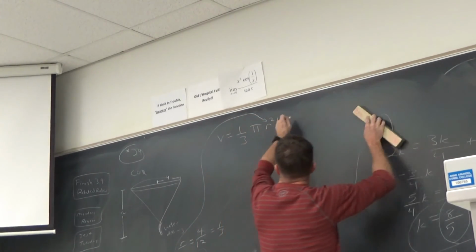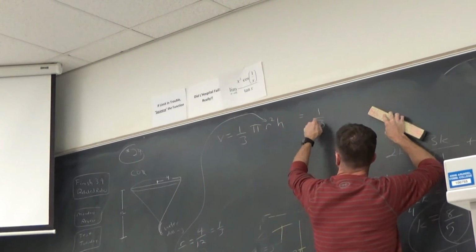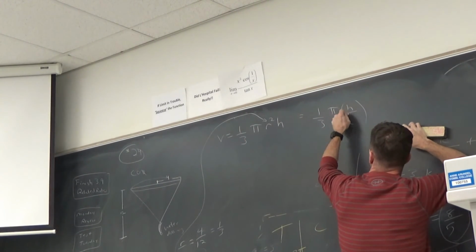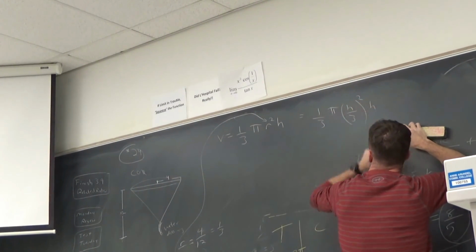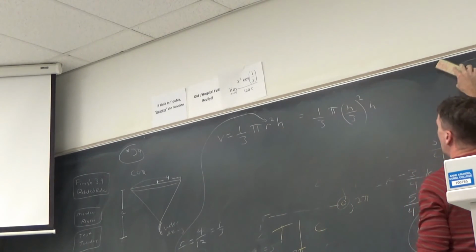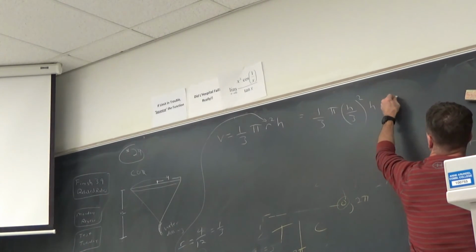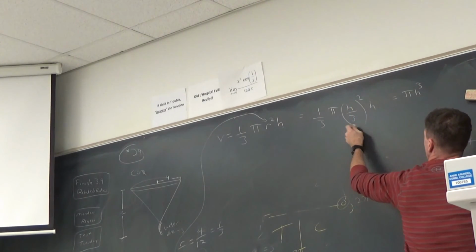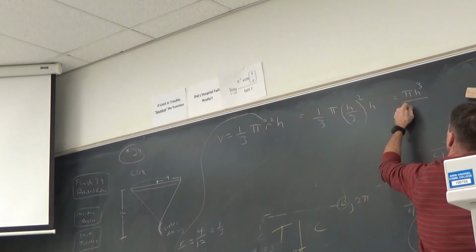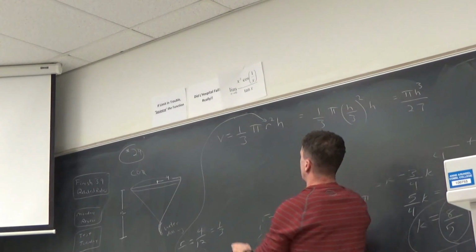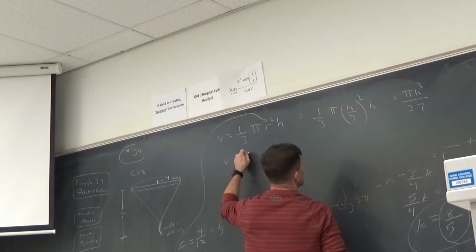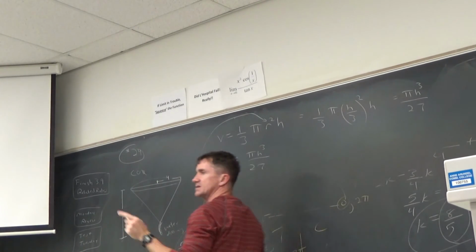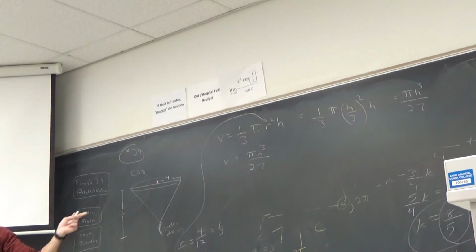Alright, what do you get? 1/3 pi, h over 3 squared, times h. So it'd be pi h cubed over 27. That's why we couldn't just memorize that, because it depends on the relationship between r and h.